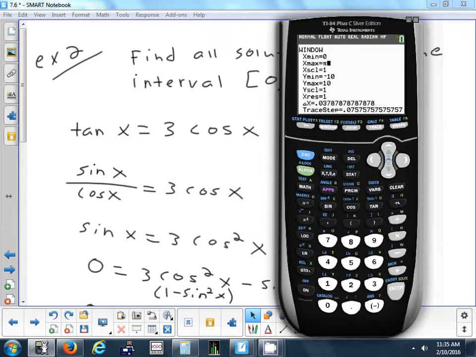I wouldn't worry about the y-axis too much because tangent's going to go up and down forever. How many times am I hoping these graphs cross? Twice. Hopefully twice because we got 2 answers.